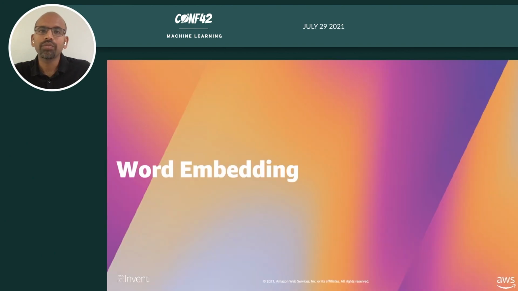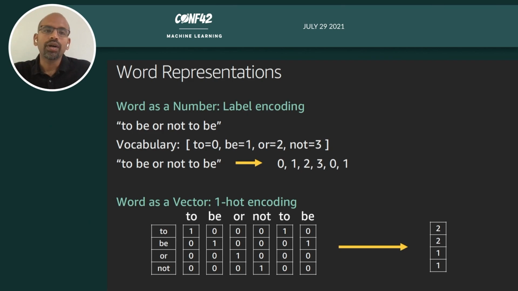Added to that, more importantly, many machine learning techniques require numeric rather than text input. As you would expect, computers are good with numbers and maybe not with natural language vocabulary like us. So that brings us to the topic of representing these words in a numerical form.